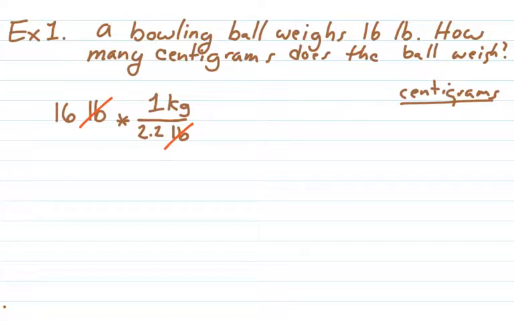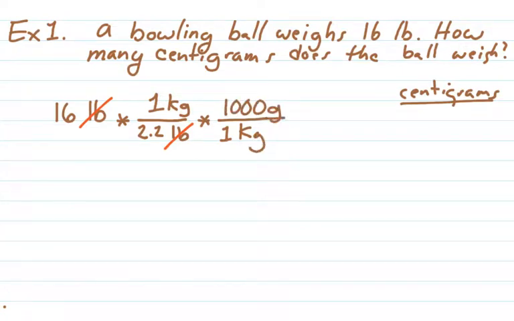So now we have to get from kilograms, we still need to get to centigrams. So I'm going to go to the base unit. Now, you wouldn't need this step necessarily. You could go right from kilograms to centigrams if you were very confident you knew how many centigrams made up a kilogram. But I'm going to do it by going to the base first. So I know that 1 kilogram is 1,000 grams.